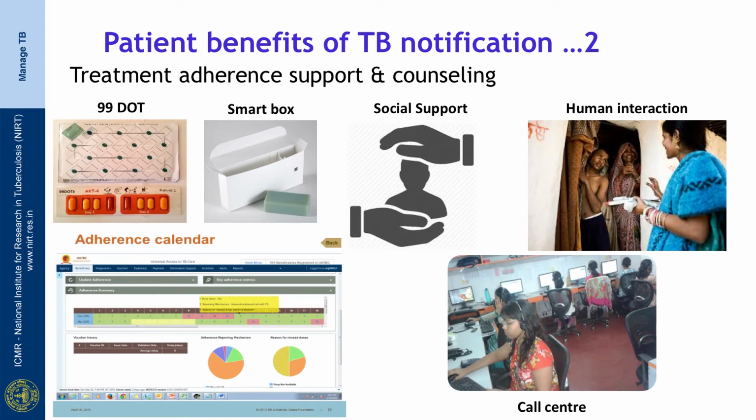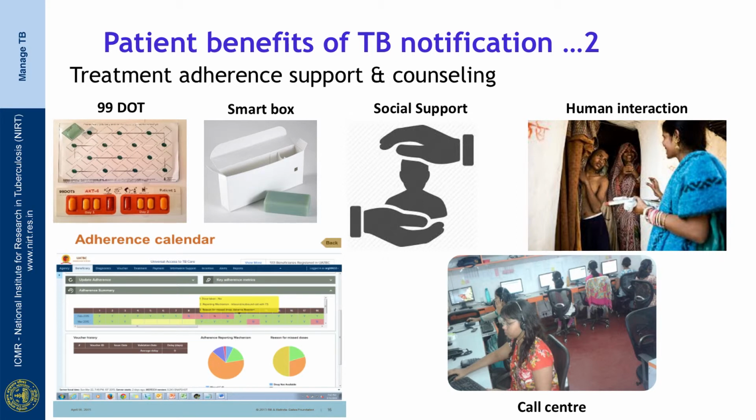The second and most important thing for completion of treatment is the treatment adherence support system. Information technology has come to our help, and there are methods available now that include 99 DOTS, where the patients taking the treatment just have to give a missed call on a particular number that appears after opening the pill.